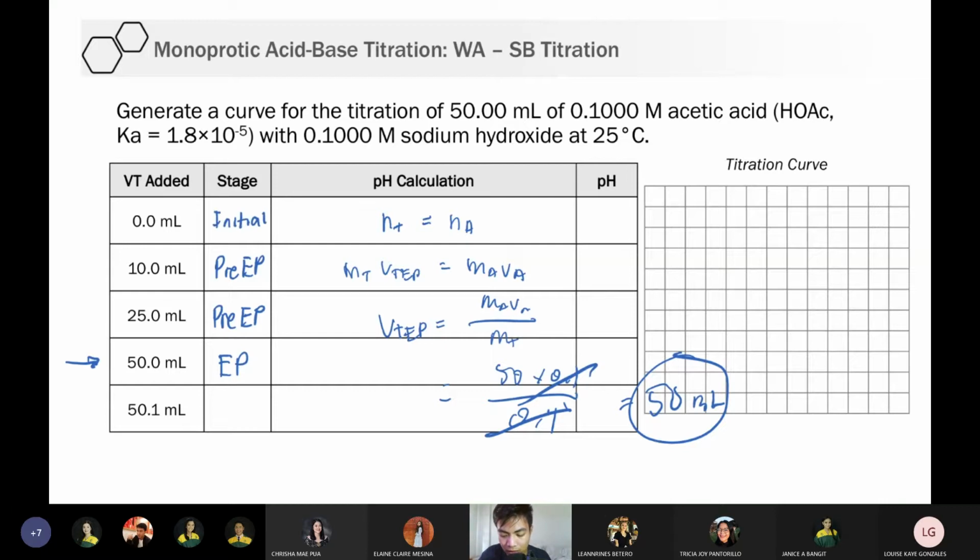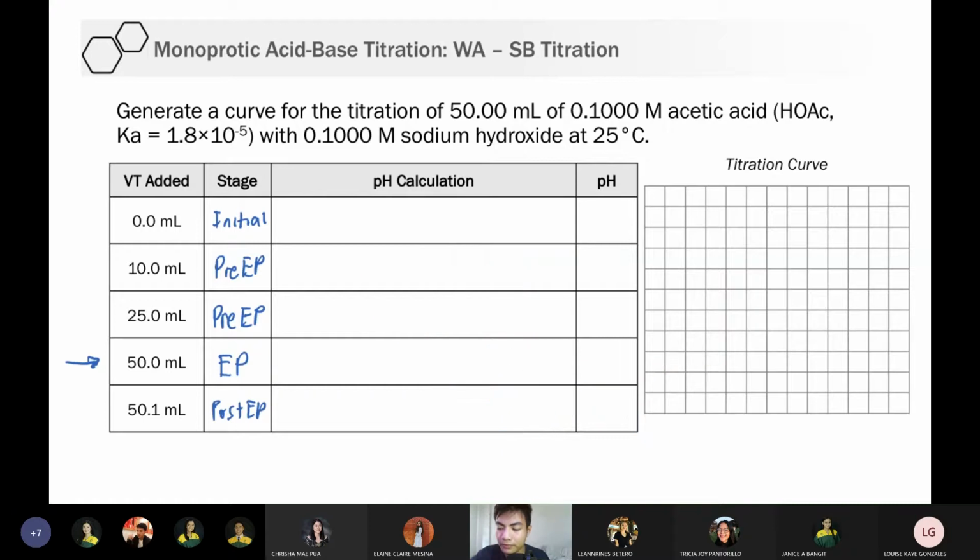Then pag lagpas sa 50, post-equivalence point. Yung mga alam na yung gagawin, malamang nasa next slide na kasi yung sagot. Pwede magtuloy-tuloy na kayo. Pero again, explain ko pa isa-isa.